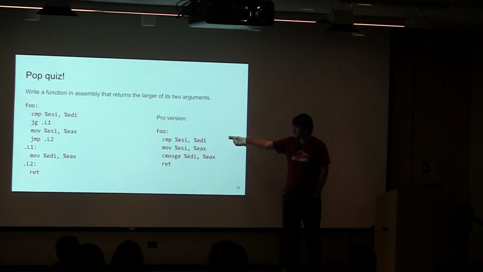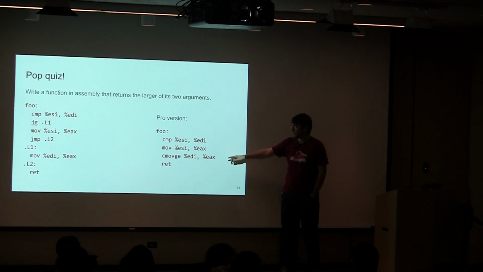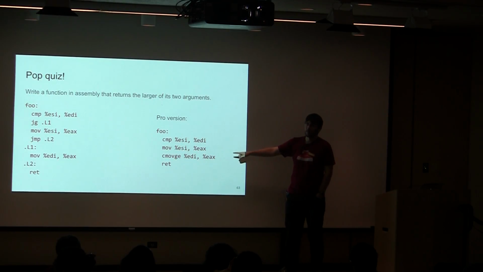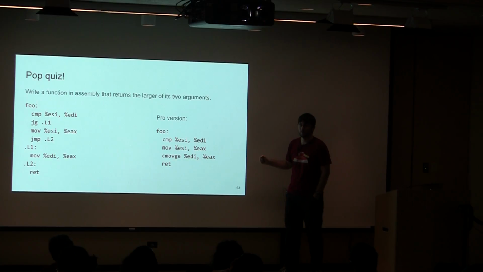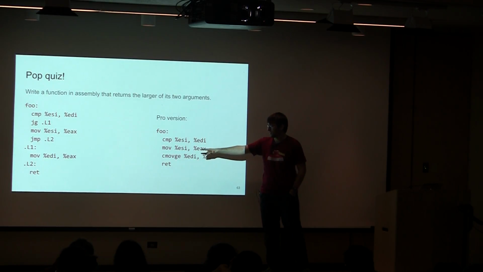So this still does the comparison, and then it moves ESI into EAX. So this is assuming ESI is bigger, move ESI into EAX. And then CMOVGE is a conditional move, which is almost never useful except for right here where it's super useful. So CMOVGE is conditional move greater than or equal to.